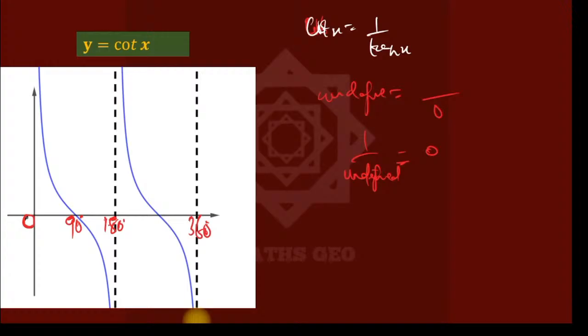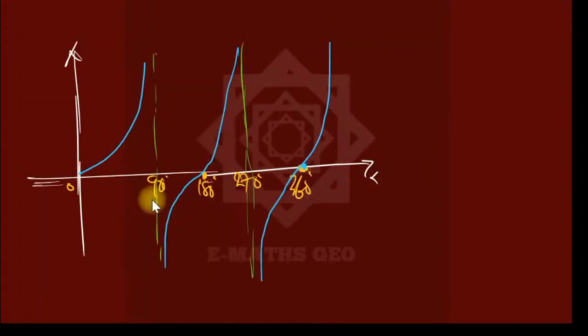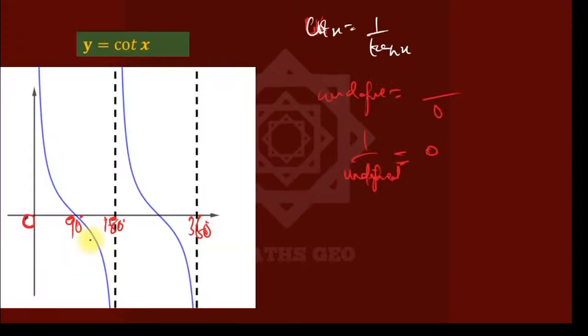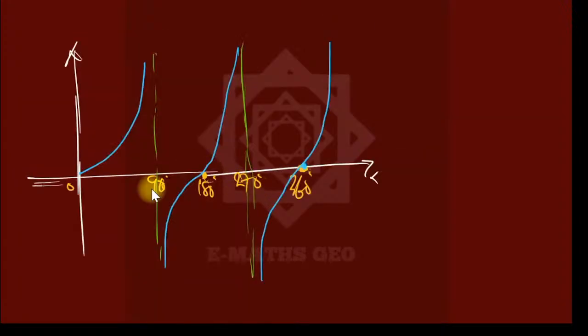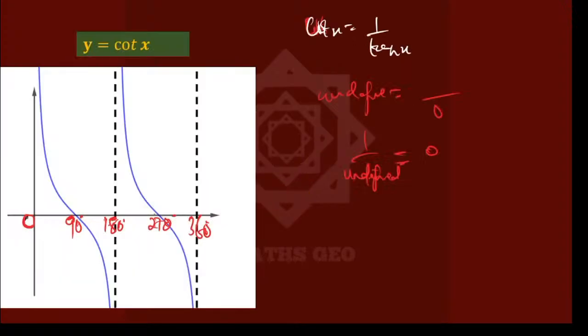So that's why it's 90. If you check, tan is undefined at vertical, still the other way around now. For cot, it will be 0. Where there is a vertical asymptote at tan, it will be 0 at cot. So that's how we sketch the graph of the 3 functions.